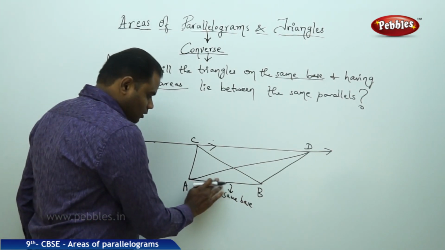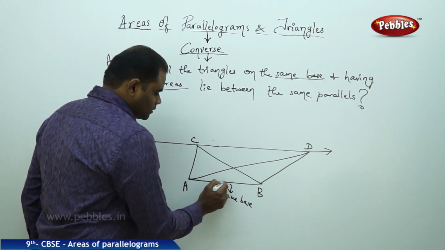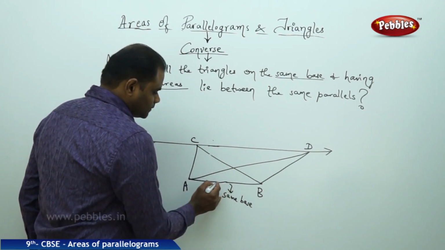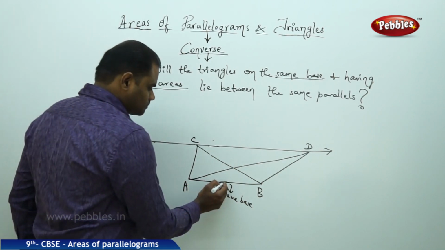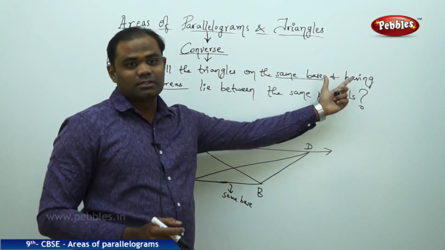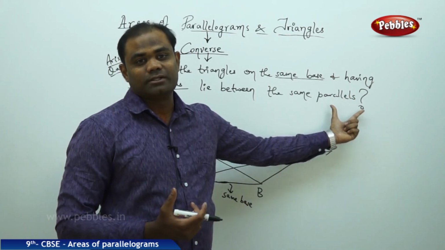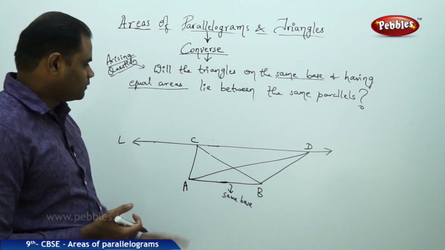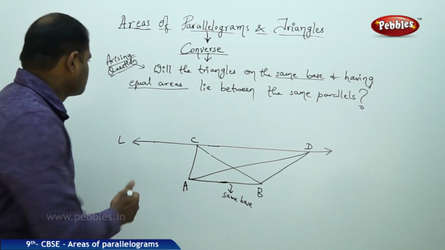But now the converse says, in the converse they are not assumed parallel, but they are on the same base AB. So we have the same base, and the other condition is that the areas are equal. It is about proving that the two lines are parallel. So now we are going to investigate whether the line L is parallel to AB.